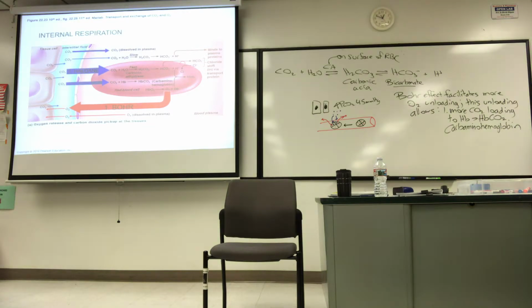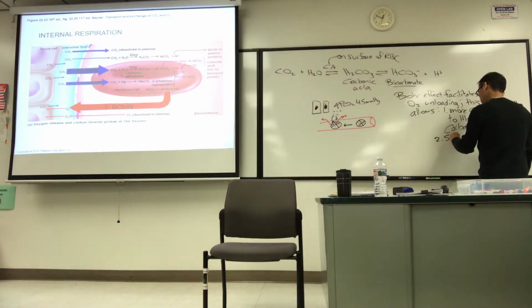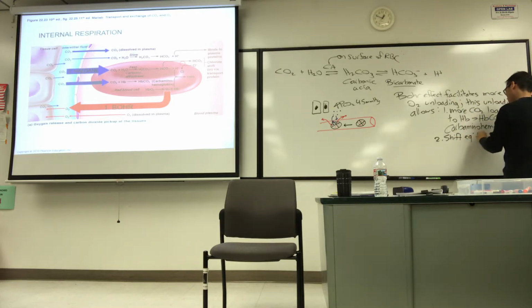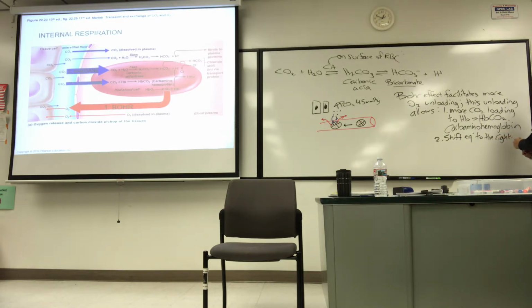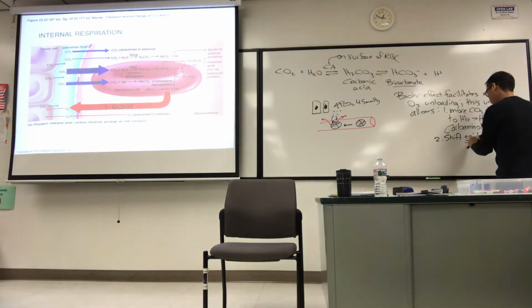The other thing you do is you shift this equation to the right more. Number two: shift this equation to the right. So the equation I'm talking about is this one here.